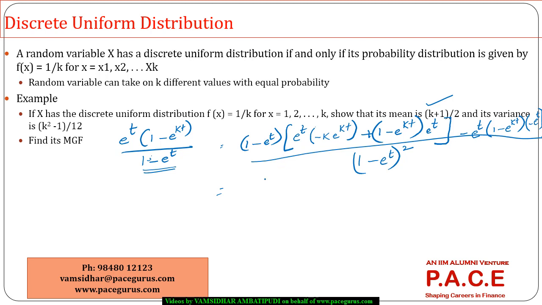So I have to extend it to all the values and then take the L'Hospital rule, and only then can I simplify from the moment generating function the value of the mean as well as the variance. So yeah, probably you can very well understand this is the moment generating function. In some cases doing it directly is much better compared to using a moment generating function to generate your mean and the variance, right?